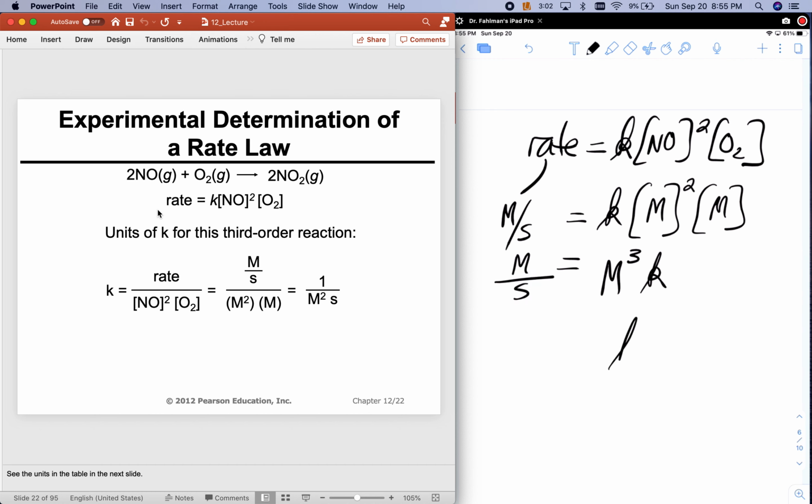Therefore k is equal to M over s divided by M to the third power.